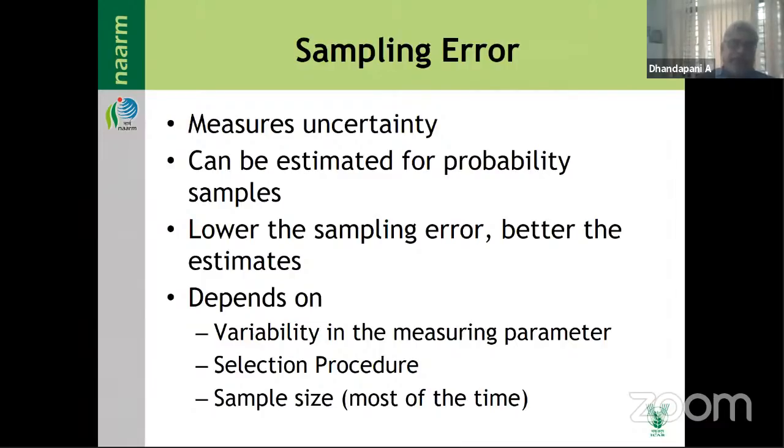Typically, if you have more samples, the sampling error will decrease. So there is an inverse relationship between sampling error and sample size. If you increase the sample size, sampling error will come down, except for one selection method, which I will tell you about. For all other selection procedures, the inverse relationship holds good.